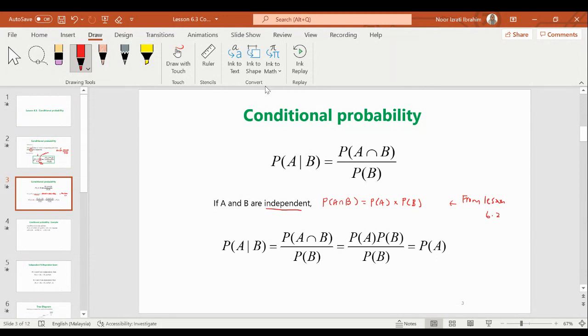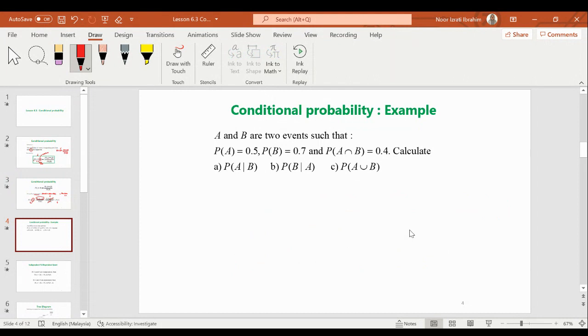What happens to the conditional probability formula? For two independent events, the intersection becomes P(A) times P(B). This means we can cancel off the probability of B, and it leaves us only with the probability of A. In other words, if the two events are independent, whether B happens first or not will not affect A, because they are independent of each other.